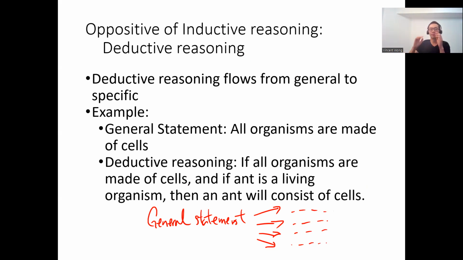Example: previously, we said all organisms, all living things, are made out of cells. To use it in deductive reasoning, one can say if all organisms are made of cells, and if an ant is a living organism, then an ant will consist of cells. So you apply it to a specific case, the ant.